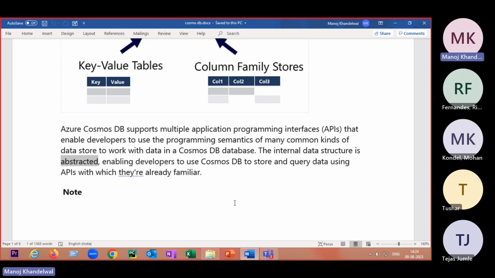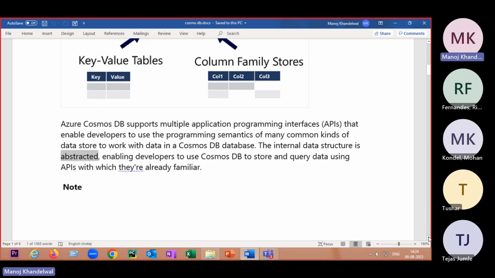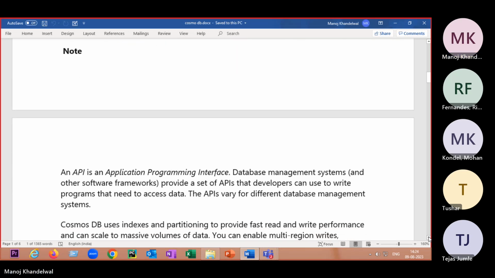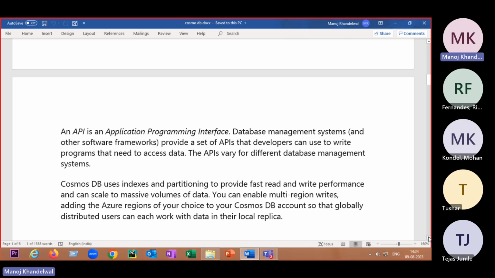You write a SQL query, but that query gets translated into a form by which it can extract data from a NoSQL database also. That is abstraction. So abstraction is just making it easier for the end user, hiding the complexity. That's what Cosmos DB does. It hides the complexity so that using your familiar interface, you're able to do most of the task.